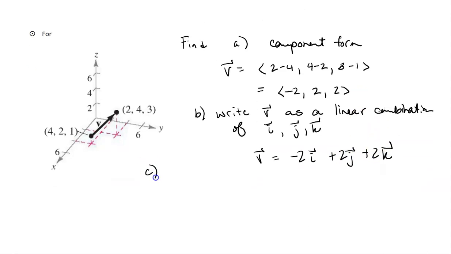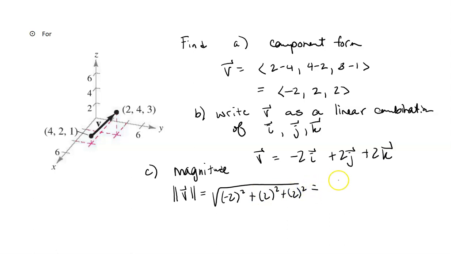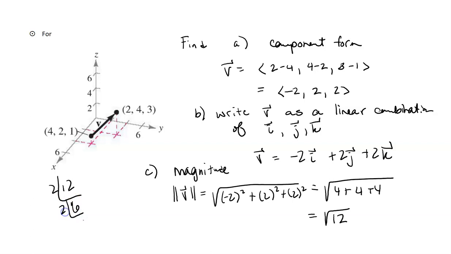If we wanted to find the magnitude of v, it would be the square root of negative 2 squared plus 2 squared plus 2 squared, which is the square root of 4 plus 4 plus 4, or the square root of 12. And remember, you can reduce that by dividing repeatedly by prime factors until you find a repeat, and then you just bring that out once as 2 square root of 3. I do expect to see those reduced.